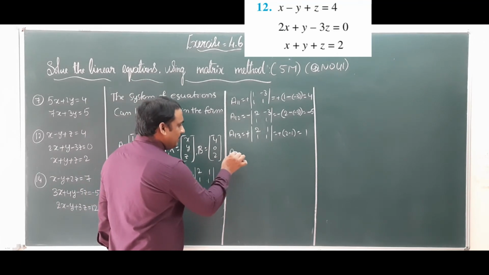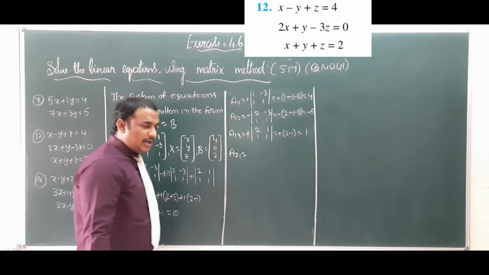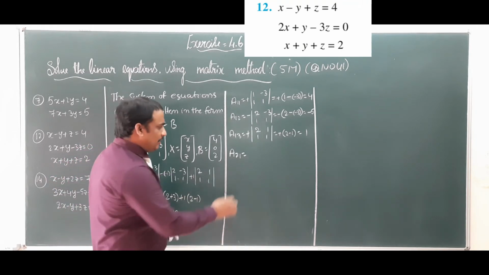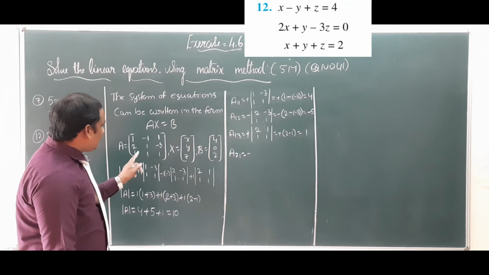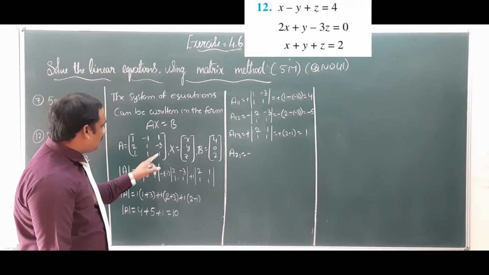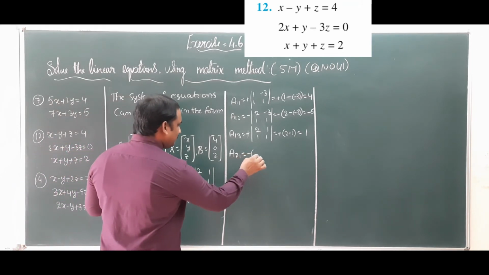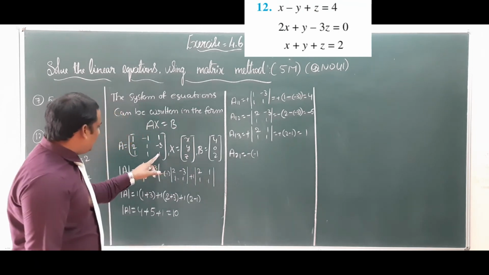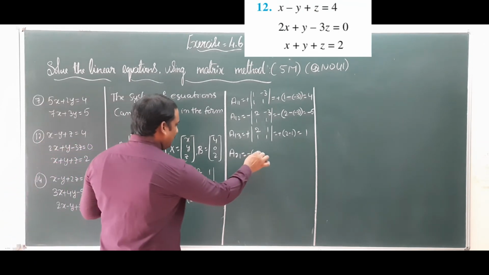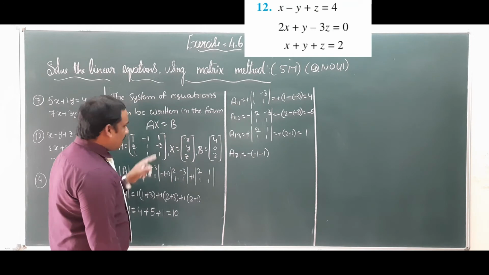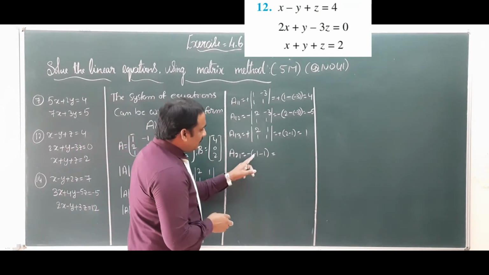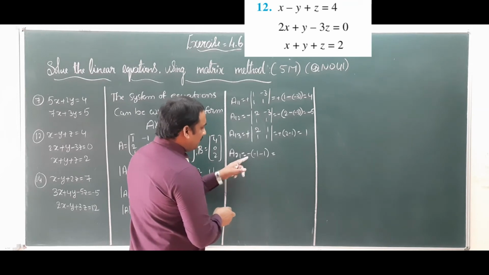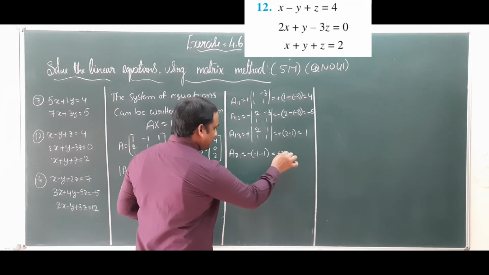A21: 2 plus 1 is 3, an odd number. Odd means minus. Second row first column remaining elements: minus (1 into 1 minus 1), so minus 1 minus 1, we will get minus 2 into minus, we will get plus.